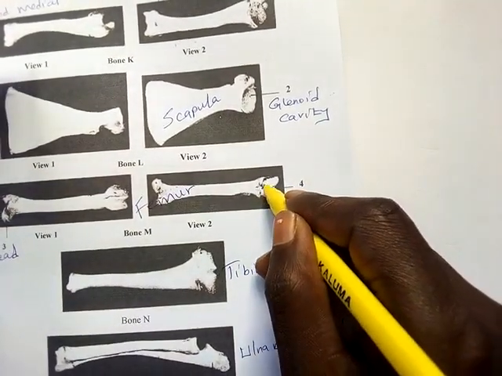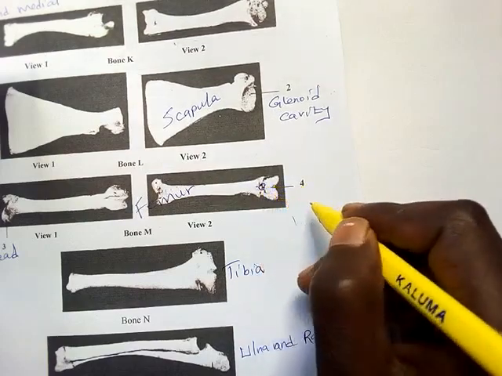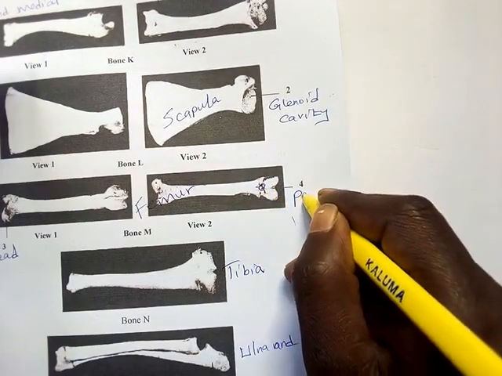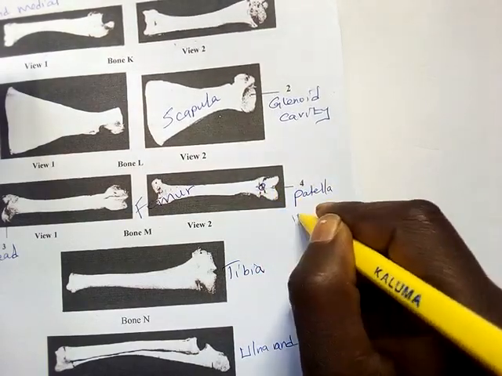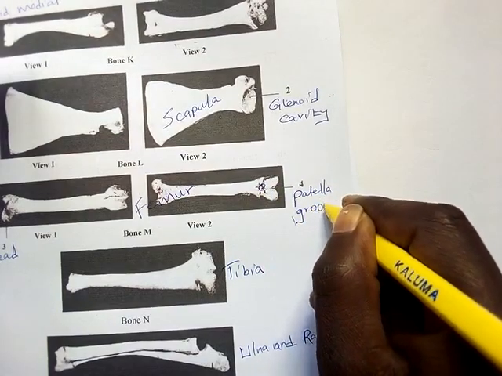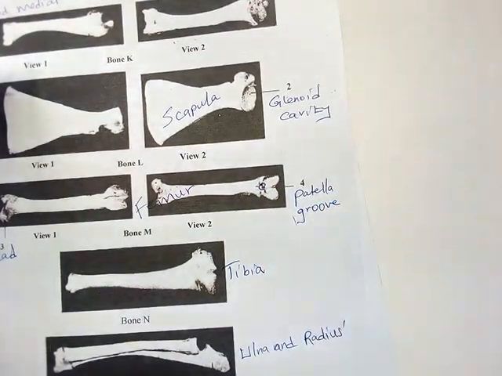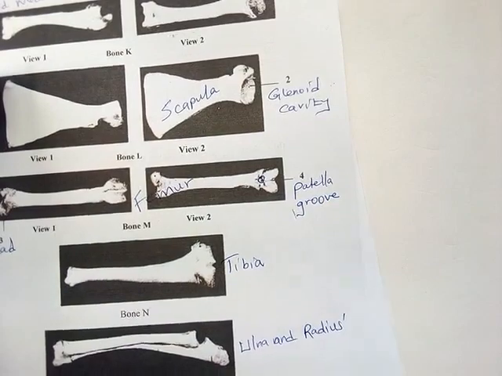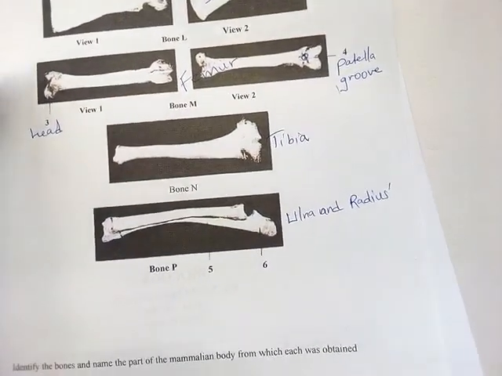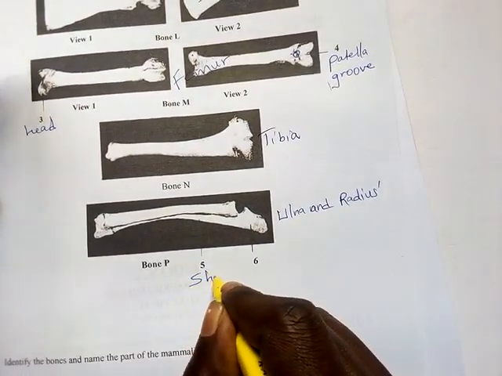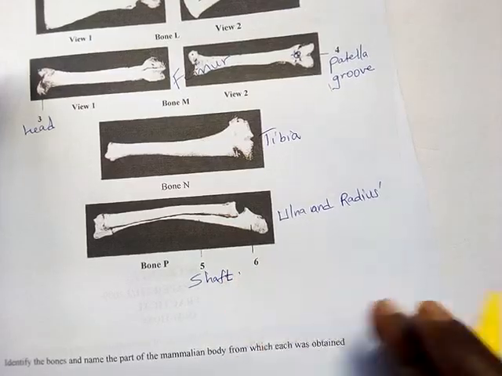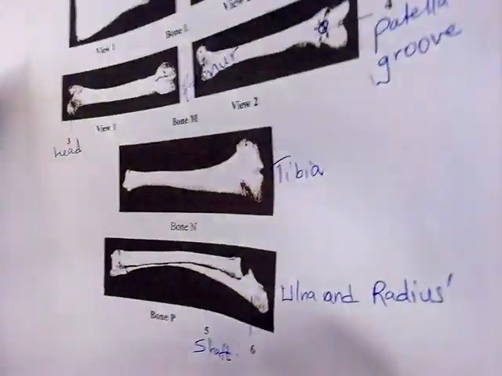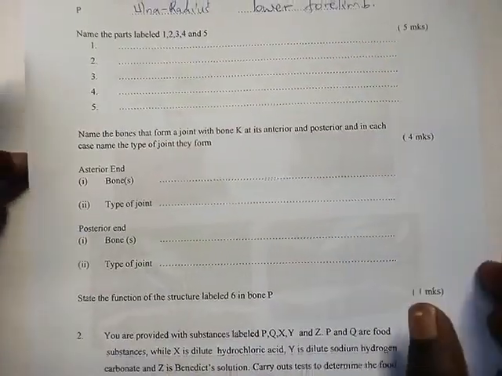That one is the patella groove. It is found in the knee there. And then number 5, this is the shaft.